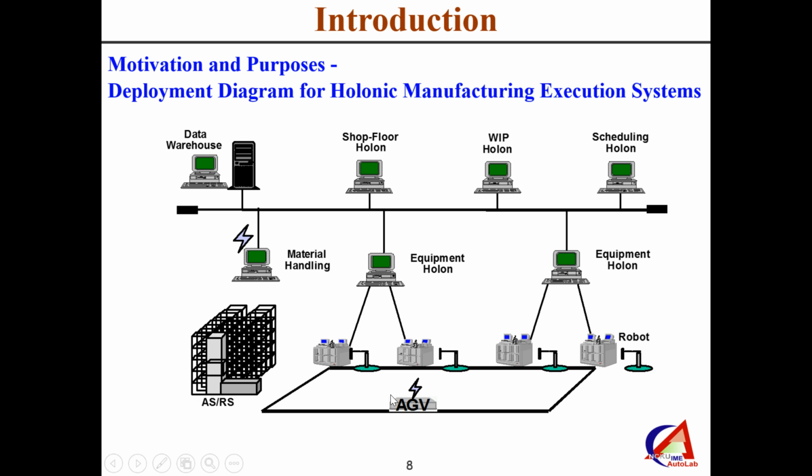For material handling, we have AGV here, robot, and ASRS, right? Those are controlled by a material handling controller here. And of course, in the system, we have a data warehouse. That is a database too. So this is a real implementation, a typical example of what we really try to control.